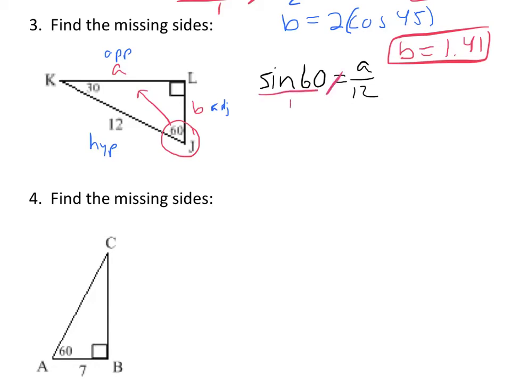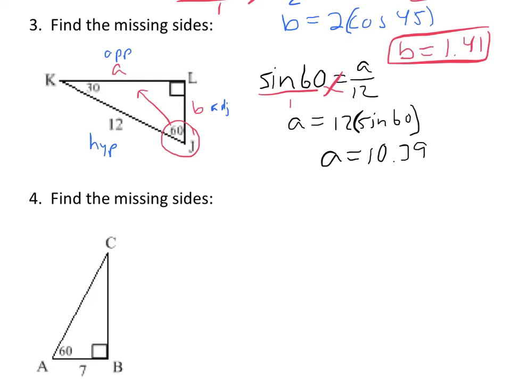Put that over 1 and cross multiply, which gives us A equal to 12 sine 60, and again that is a separate number. If you punch that in your calculator, we should get A equal to approximately 10.39.